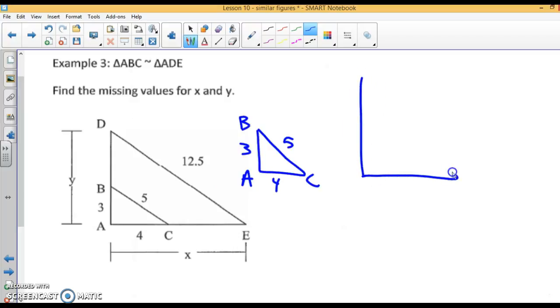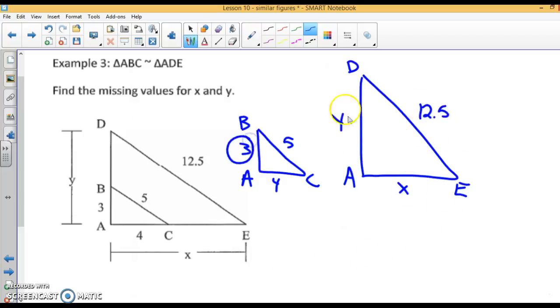My big triangle, ADE. This side is y. This side is x. And this side is 12.5. So 3 corresponds with y, 4 matches up with x, and 5 matches up with 12.5.